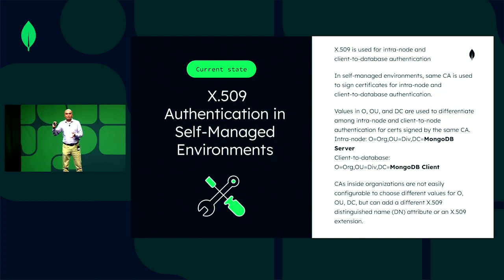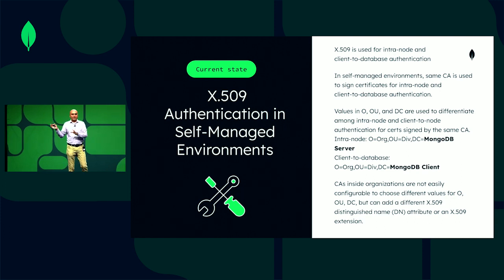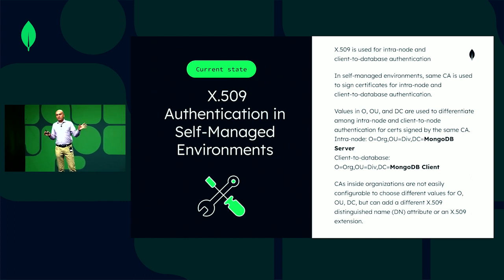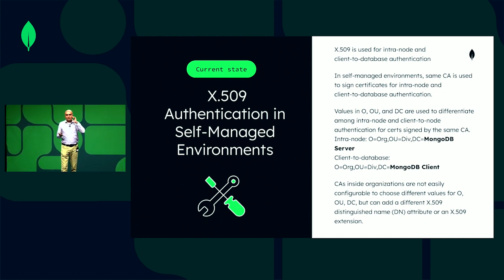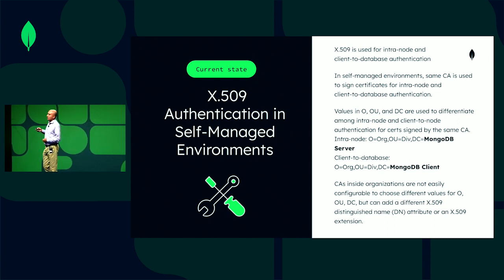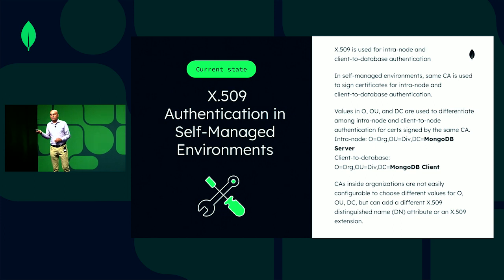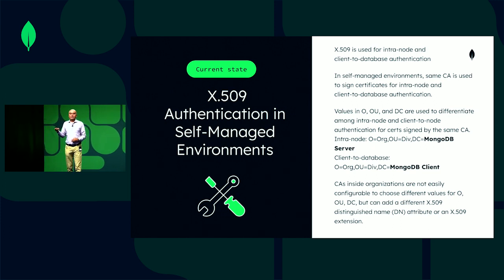So if they have different values for the server, for database, and different values for the client, then MongoDB can differentiate between the client to database connections and from node to node authentications. This works well, except that in certain organizations, they are not able to choose different values for these particular attributes, but they can add new attributes for the X509 certificate, or they can define custom X509 extensions.